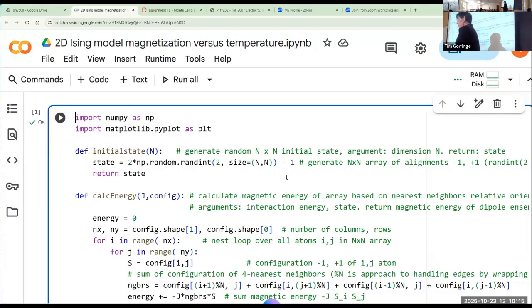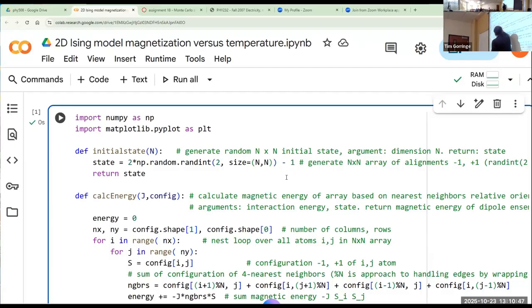So remember, I'm going to think about a two-dimensional array of atoms, molecules, or dipoles, and I wanted to define the state of that array. The state of that array will just be an array of plus ones or minus ones, depending on whether the dipoles are up or down along some axis or opposite some axis.